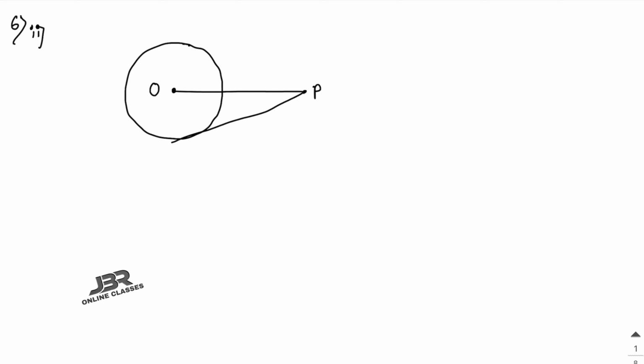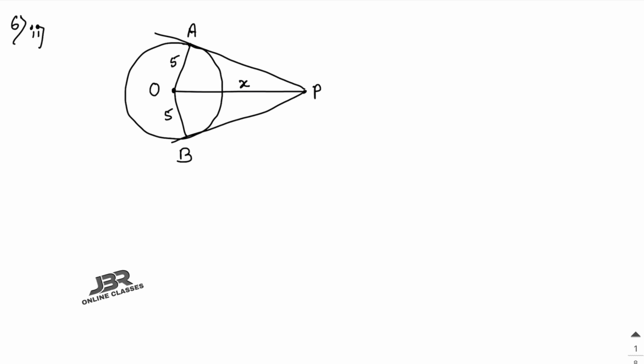Now next one, sum number 2. So here in sum number 2, first you have to draw a circle with center O, and that point equals P. So here this one is a tangent and this one is another tangent. Suppose it's A and B. So here OB equals 5. So definitely OA equals 5, because they are radii of the same circle.